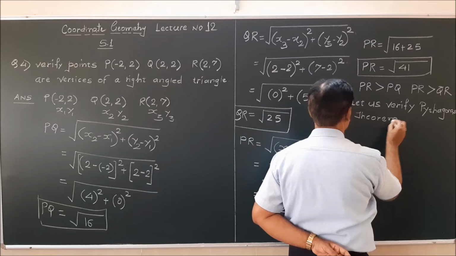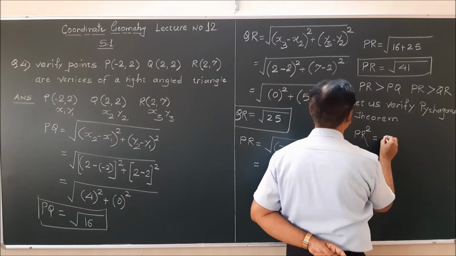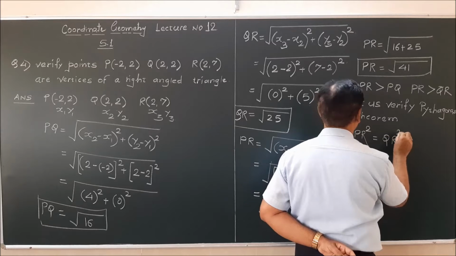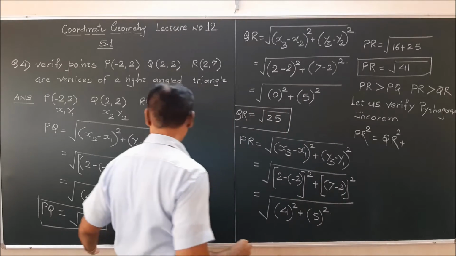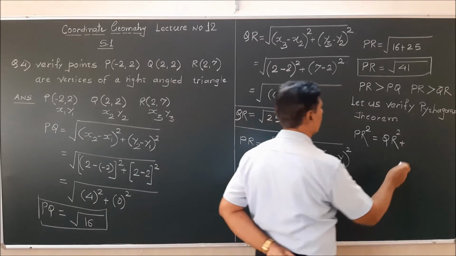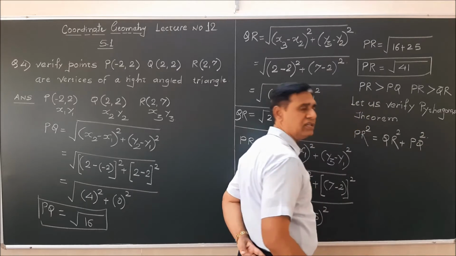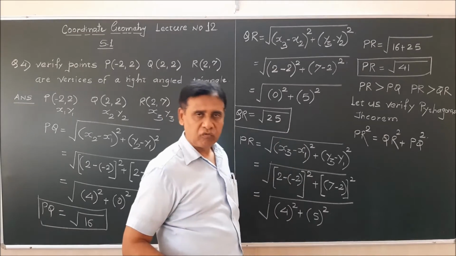That will give us PR square is equal to QR square plus PQ square. So in this case, you will find the value of PR, which is root 41.